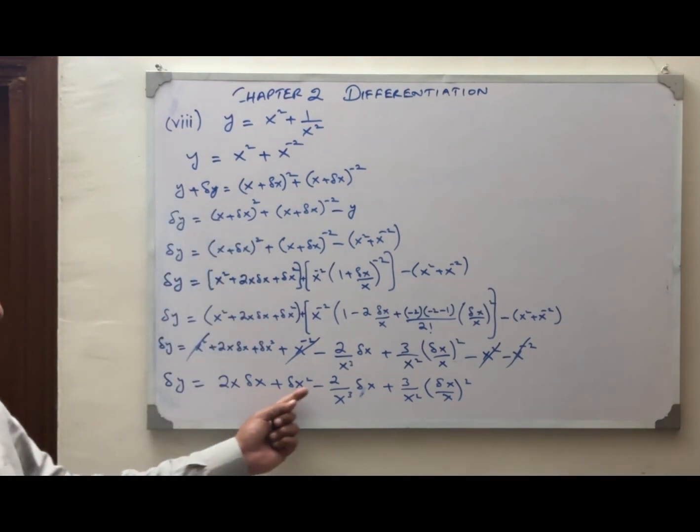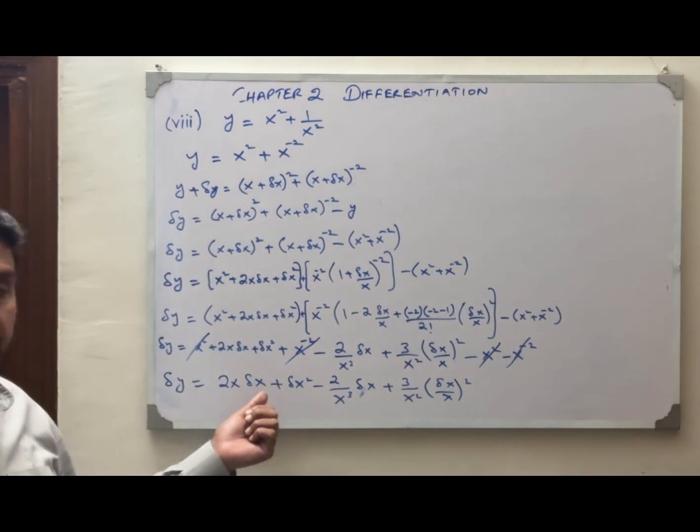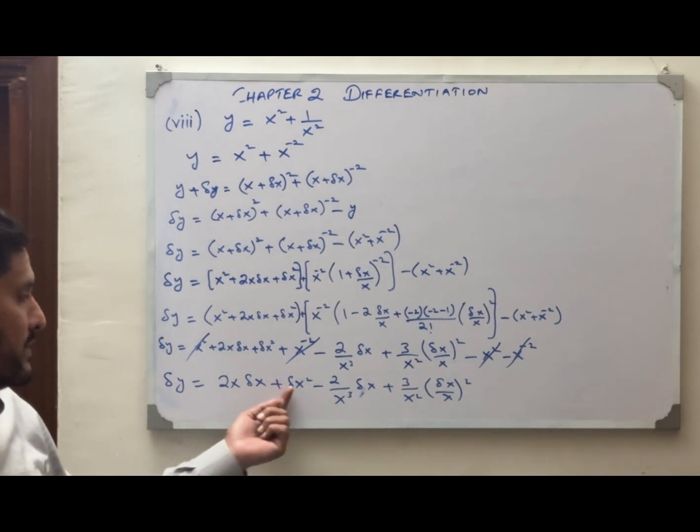Now in all of these terms, we can take delta x common from all of these four terms, 1, 2, 3, 4.